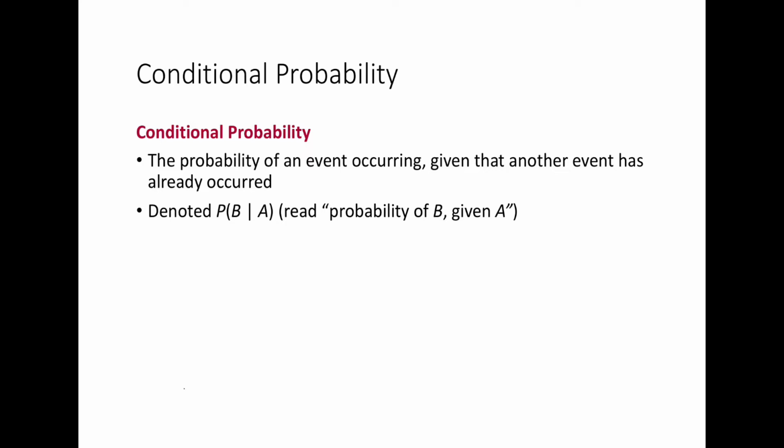The notation that we use is probability of B given A. We read this as the probability of B assuming A has occurred, or given that A has occurred.